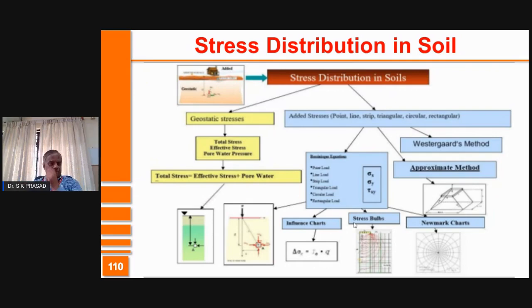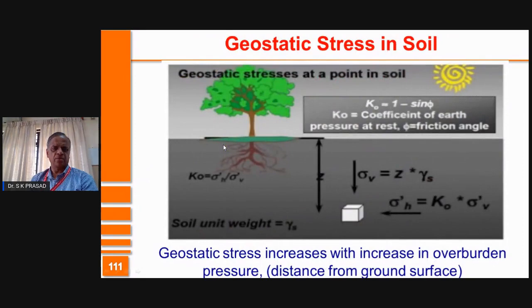Accordingly, we should be familiar with the equation for Boussinesq's theory. And all of you should remember geostatic stress is the stress due to the weight of the soil on top of the point under consideration.